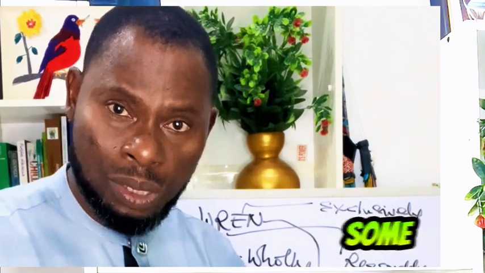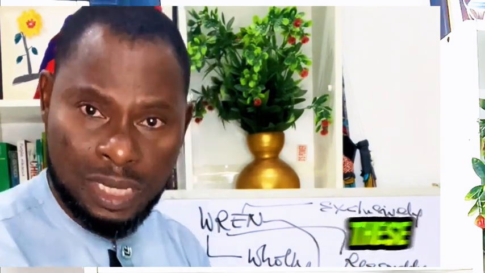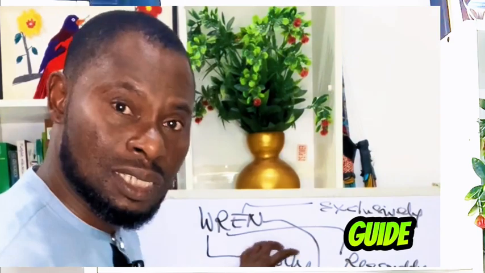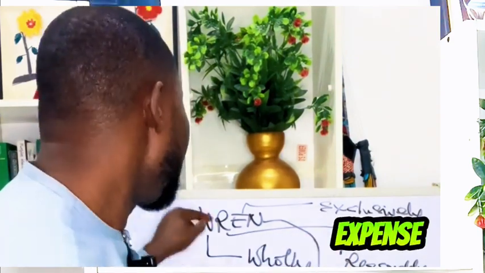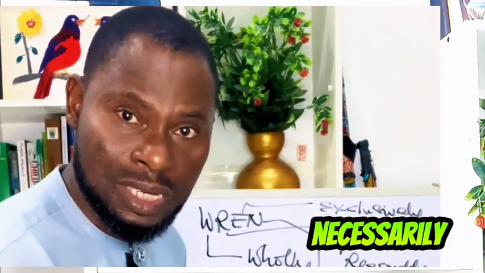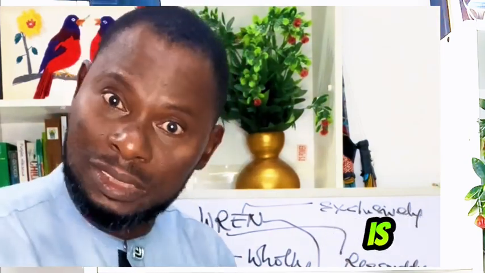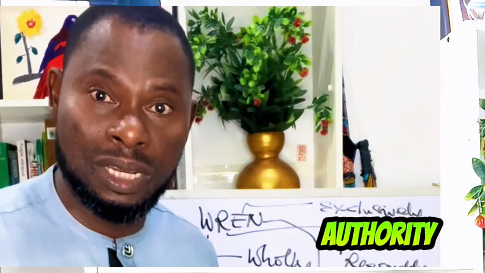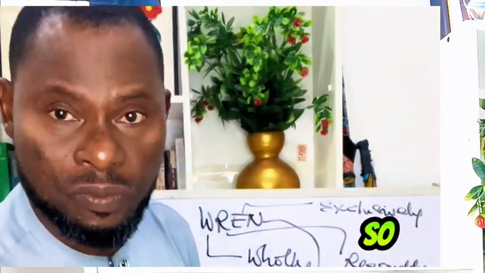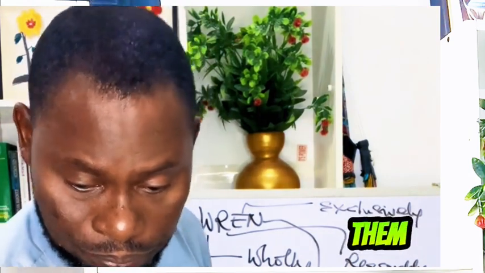I'm going to use some expenses to explain the ones that are allowable and the ones that are disallowable. But the guide is that if an expense is wholly, reasonably, exclusively, and necessarily spent for the business, then that expense is allowed by the tax authority. It means the tax authority will not add it back and tax it. So if you are ready, let's look at them.